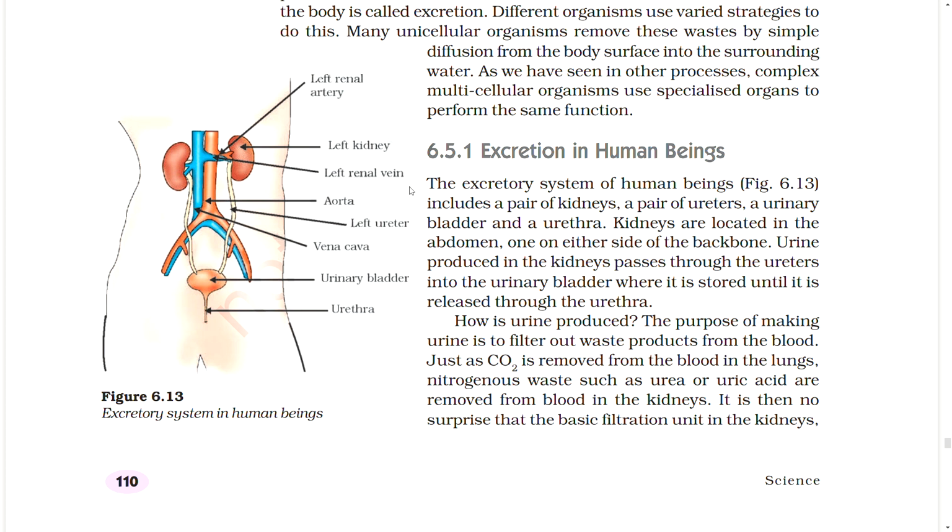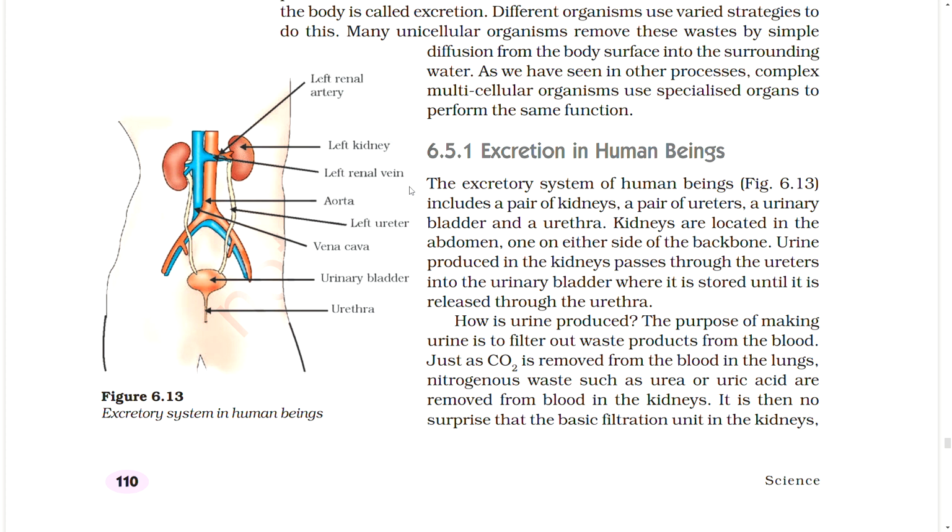The excretory system of human beings includes a pair of kidneys, a pair of ureters, a urinary bladder, and a urethra. Kidneys are located in the abdomen, one on either side of the backbone. Urine produced in the kidneys passes through the ureters into the urinary bladder, where it is stored until it is released through the urethra. How is urine produced?